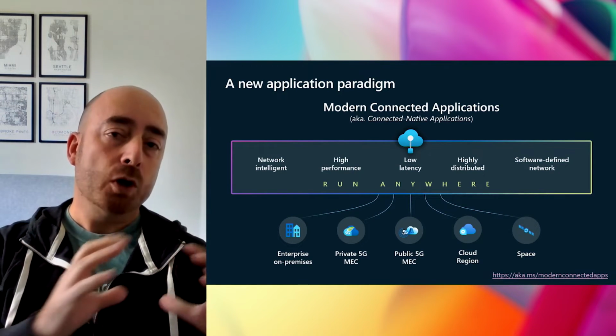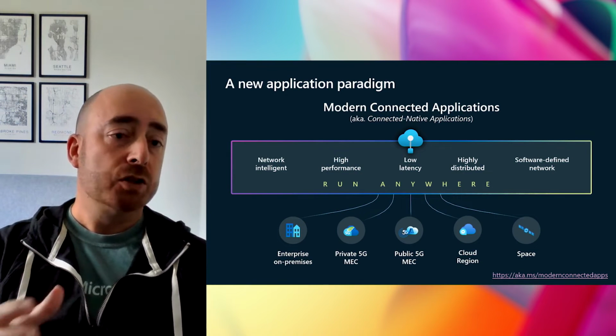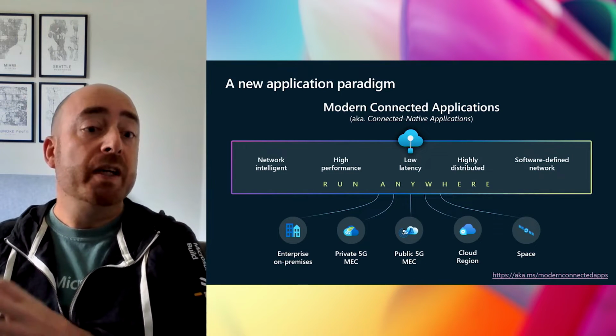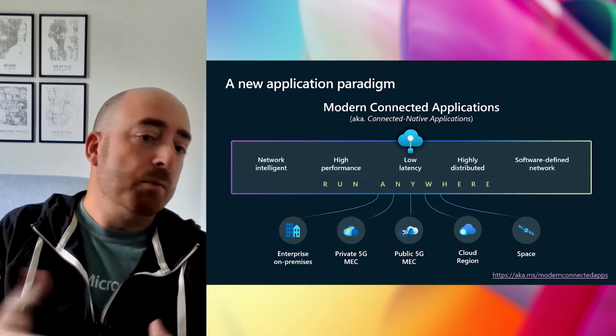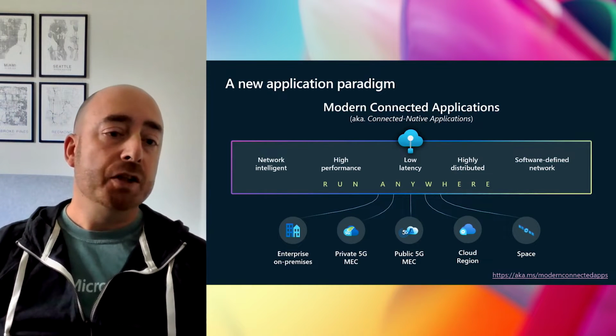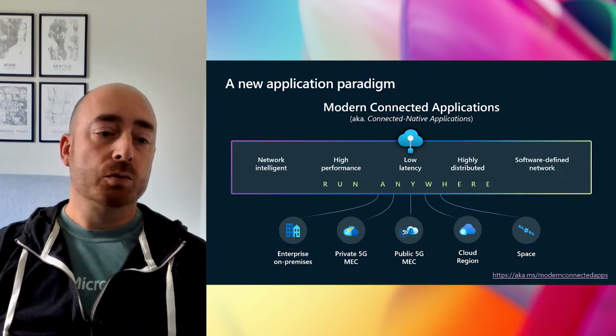They're going to be able to talk to the network and change the conditions and service from the network depending on events or how your application is behaving, right? At the same time, of course, taking advantage of low latency and high performance at the edge, very close to the data or the video or the sensors, right?